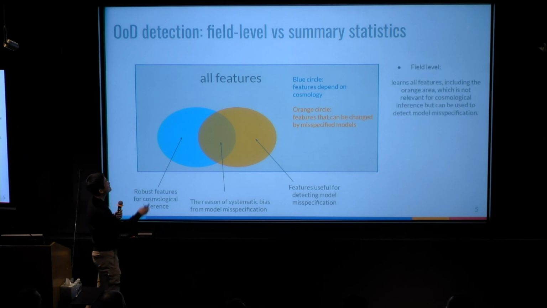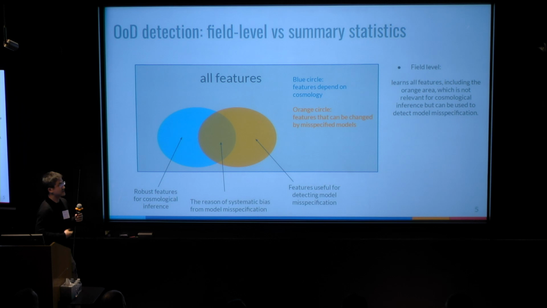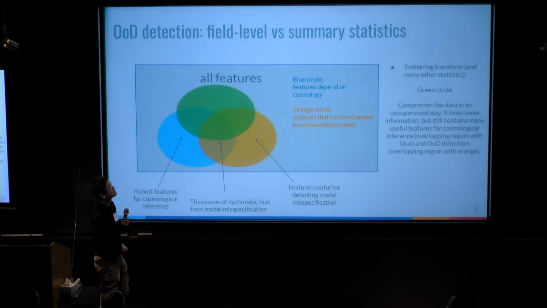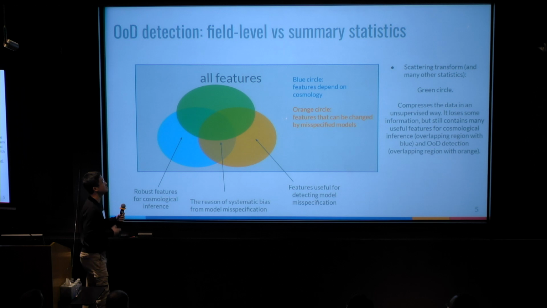The field level tries to model everything, all the features. So it does pretty well in both cosmological inference and OOD detection. If we look at, for example, the scattering transform or many other statistics, they try to compress the data in an unsupervised way, which means that when you design all these kernels or coefficients, it doesn't depend on the cosmology.